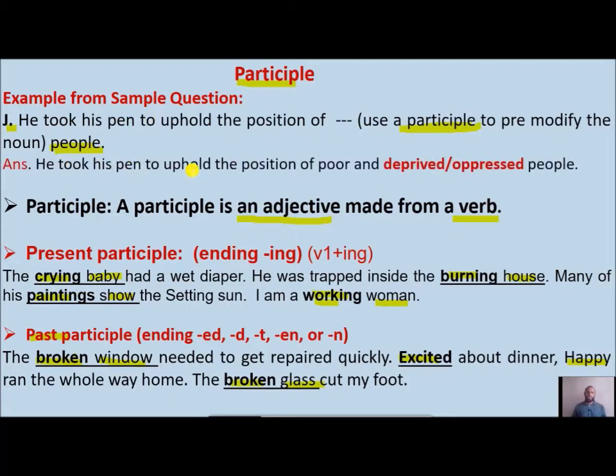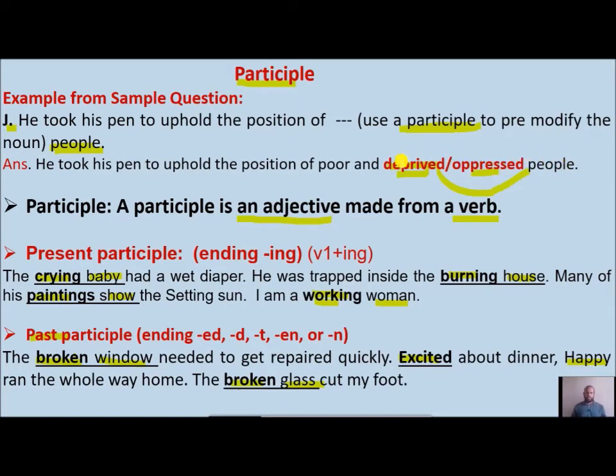He took his pen to uphold the position of poor and deprived or oppressed people. You see that you may write any of them, no need to write both, just write only one answer here. So here deprived is a past participle, and it's modifying this noun people. So deprived people, or you can say oppressed people.